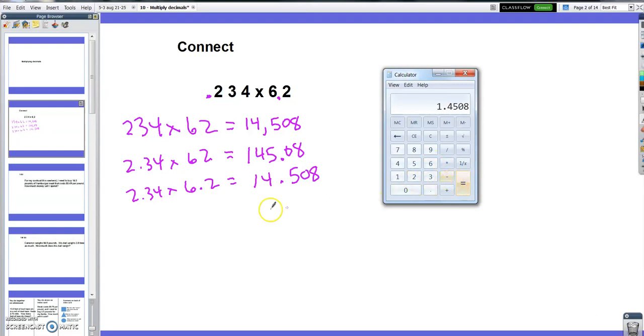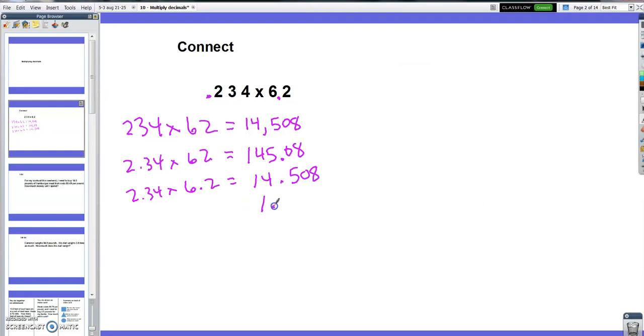There we go. No matter where I put the decimal anywhere in here, you'll notice I get the same digits, 1, 4, 5, 0, 8. The only thing that's different is where the decimal goes in the answer. It could go here, here, here, or even out here, depending on some things.